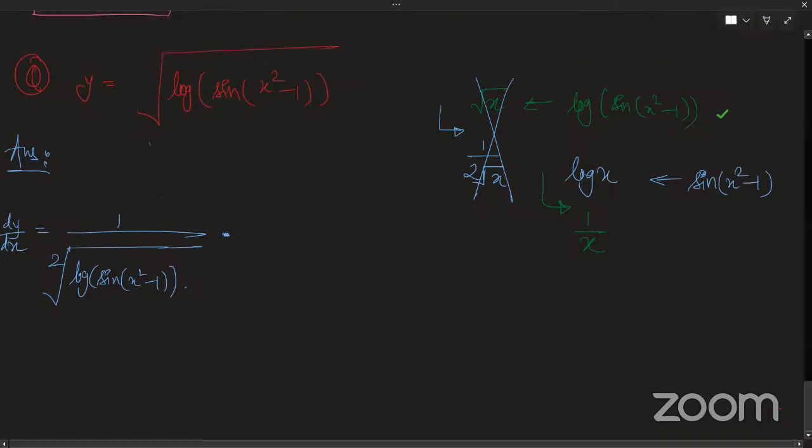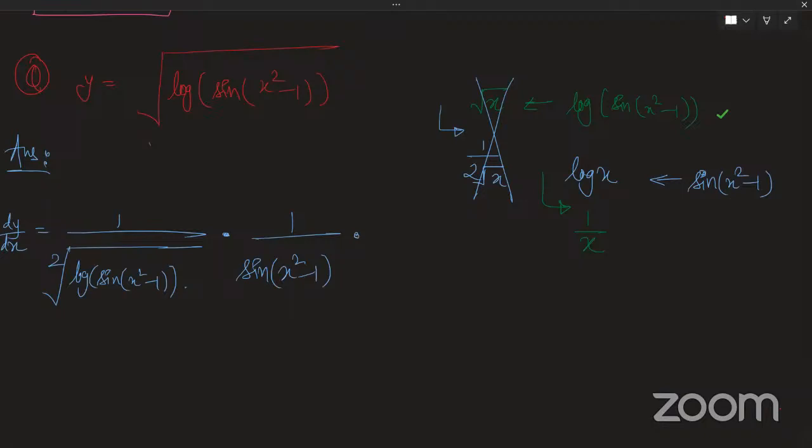So in place of x, I need to substitute this thing, sine of x square minus 1, right? Yes. So I write it as 1 by sine of x square minus 1, right? Great, I completed this. Can you help me with this one? Inside sine x, x square minus 1 is inserted. Right.